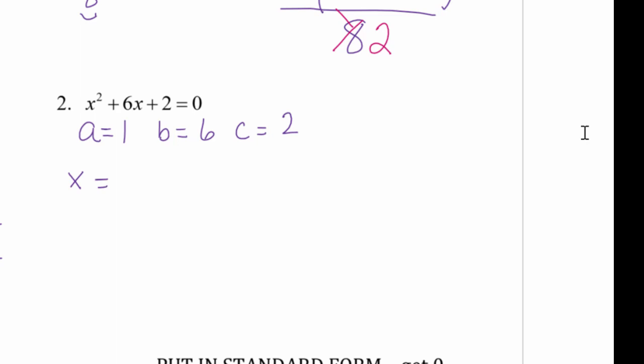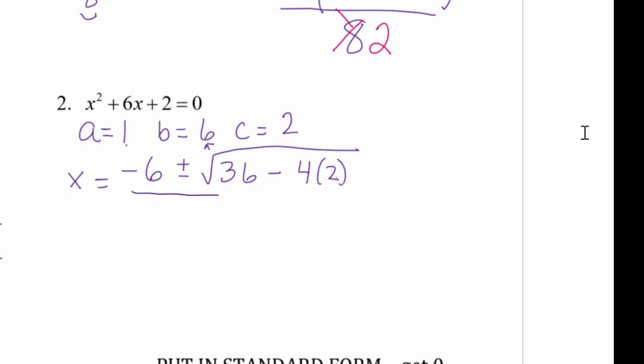So x equals the opposite of b, the opposite of 6, plus or minus a big square root, b squared, 6 squared, 36, minus 4 times ac, a times c, 1 times 2. 4 times 2, there's going to be an 8 in here.